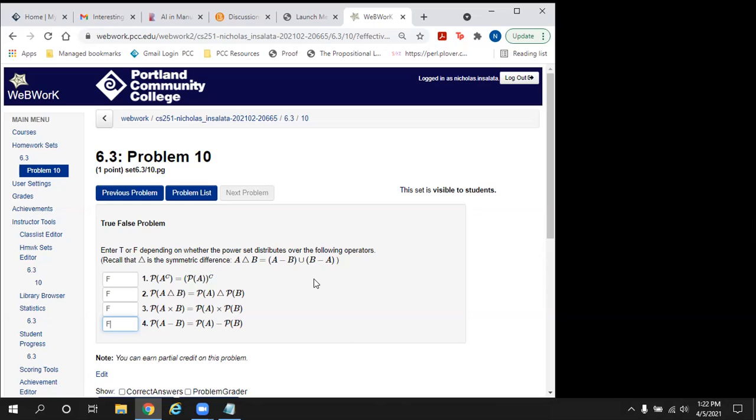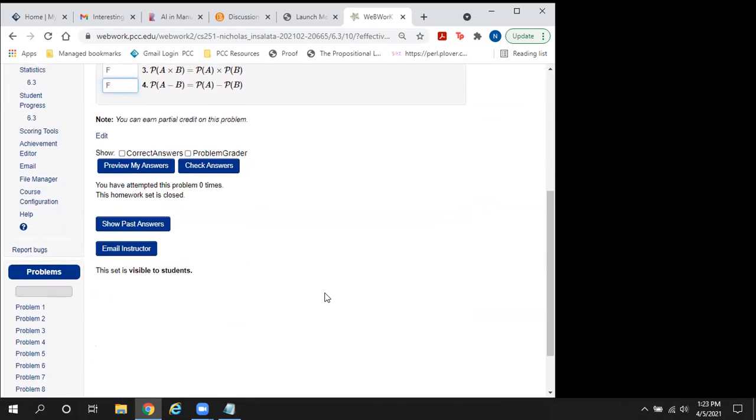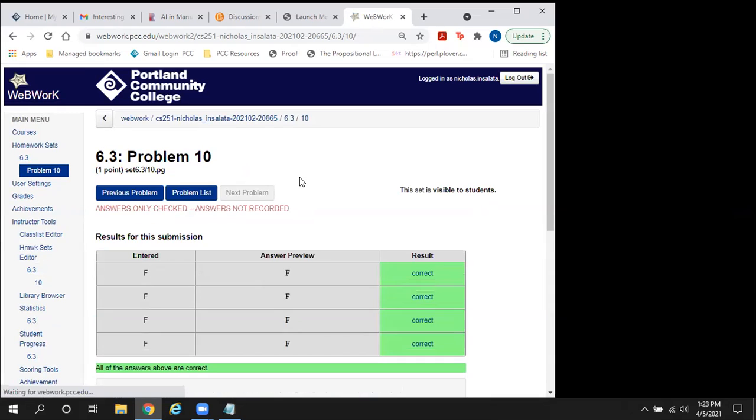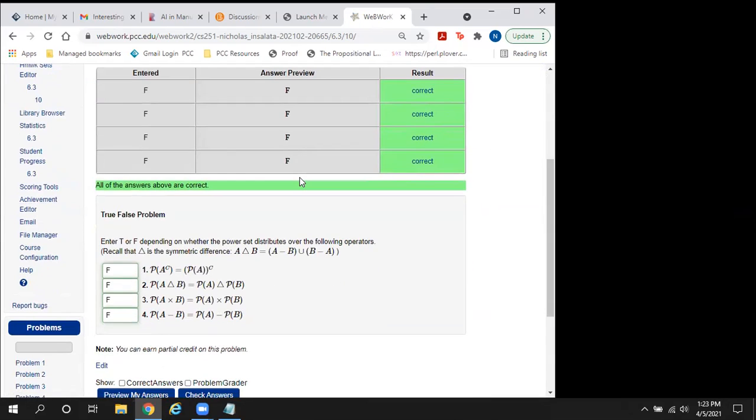Yeah, I think a simple example is a good way of doing it. A has the elements 1 and 2, B has the elements 2 and 3. You can just run through and see if the example works, right? So it appears that power set doesn't really distribute over much stuff. And if we check answers, let's see here. Oh, we do get all false.